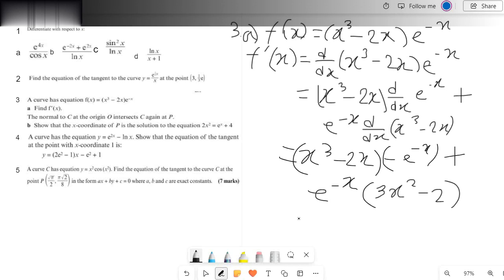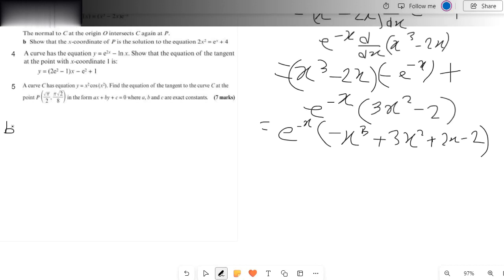Taking e to the power minus x as common factor, we have minus x cubed plus 3x squared, then plus 2x subtracted with 2.